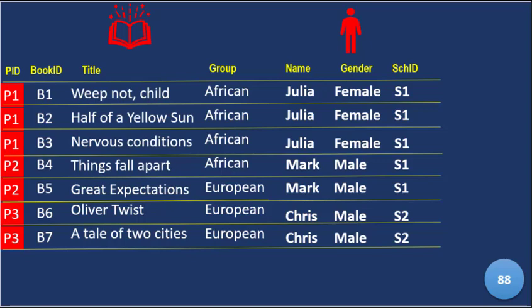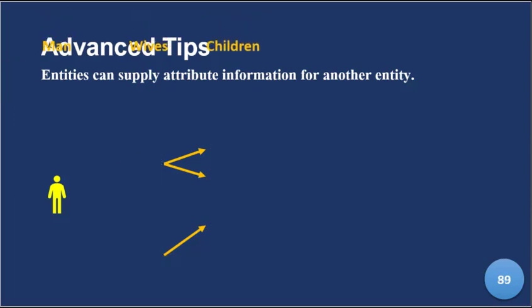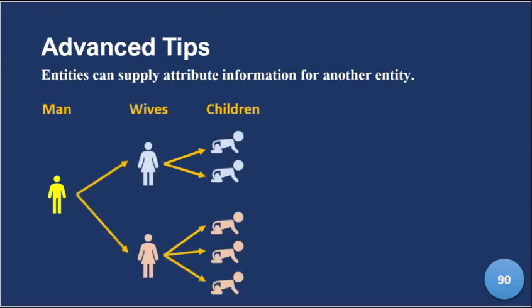So that's key. Another thing I want to emphasize is that entities can supply attribute information for another entity. A typical example is a man and his wives. That's African culture. A man could marry two wives and then they have many children. And maybe some other societies have more than that.